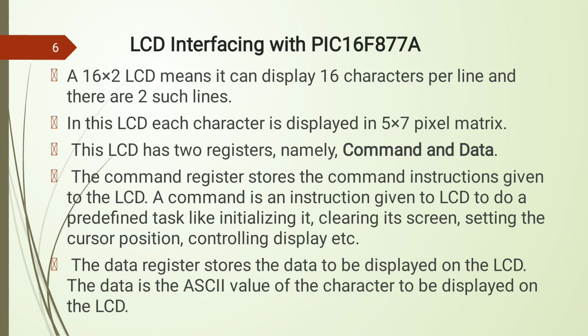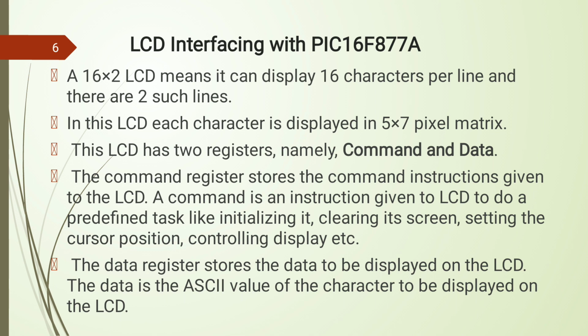Here the matrix size is nothing but the character size, width and height. It is mostly preferred as a 5 by 7 pixel matrix, which is selected with the help of an LCD command, hex value 38. By sending this command we select the 5 by 7 pixel matrix.